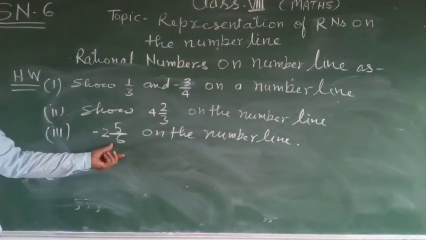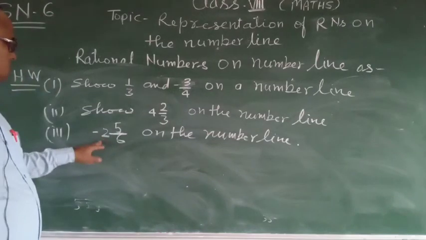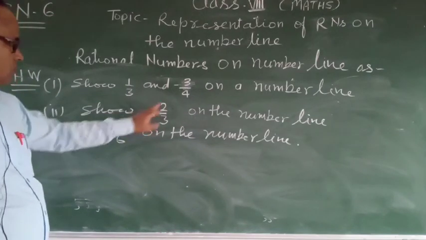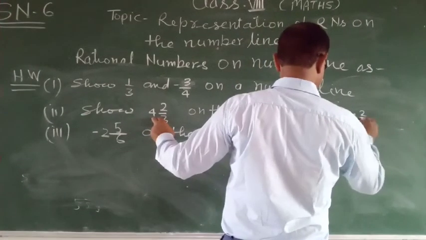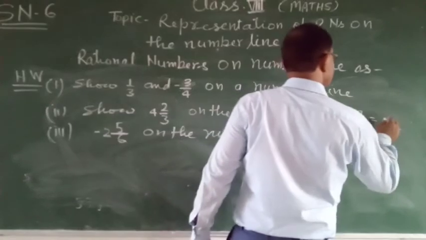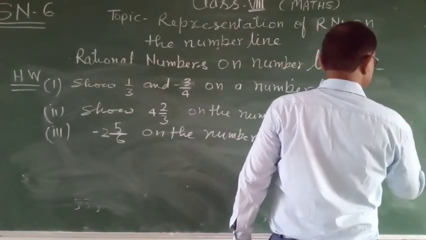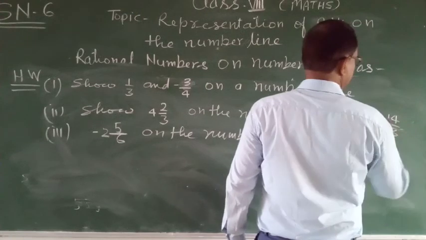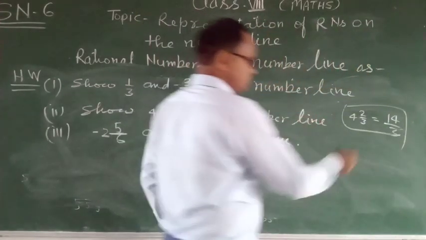-2 and 5/6 on the number line. You also convert here: 4 and 2/3 is converted as 3 times 4 is 12, 12 plus 2 is 14, so 14/3. You can show it by this rule. Okay, student.